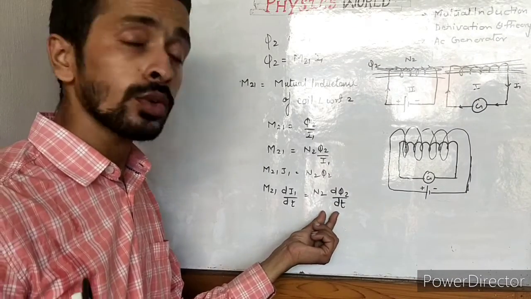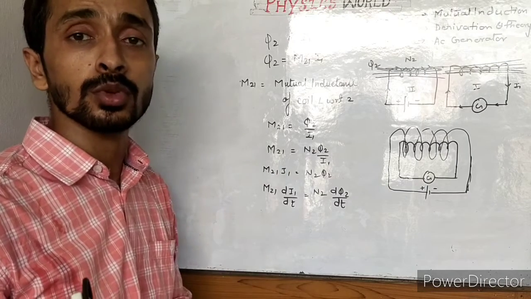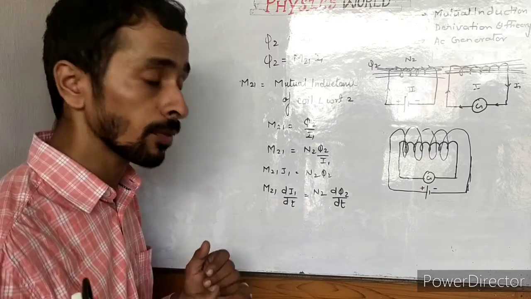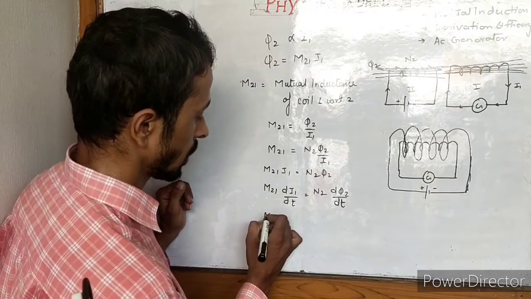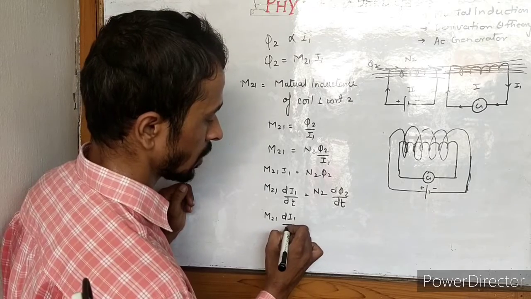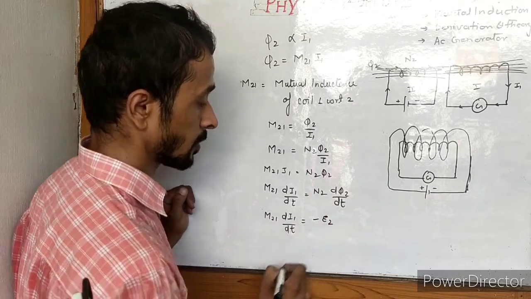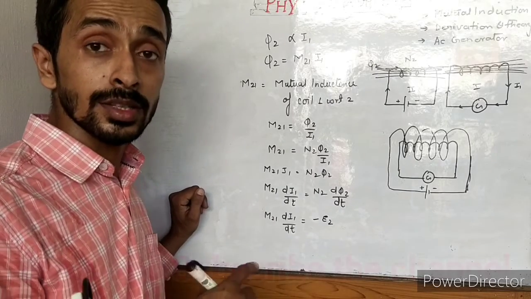Now we know N2 d phi2 upon dt will be the change in a flux with respect to the time is called the induced EMF. इसको EMF बोलते हैं. Then M21 di1 upon dt is equal to minus EMF of second. This is the formula here.